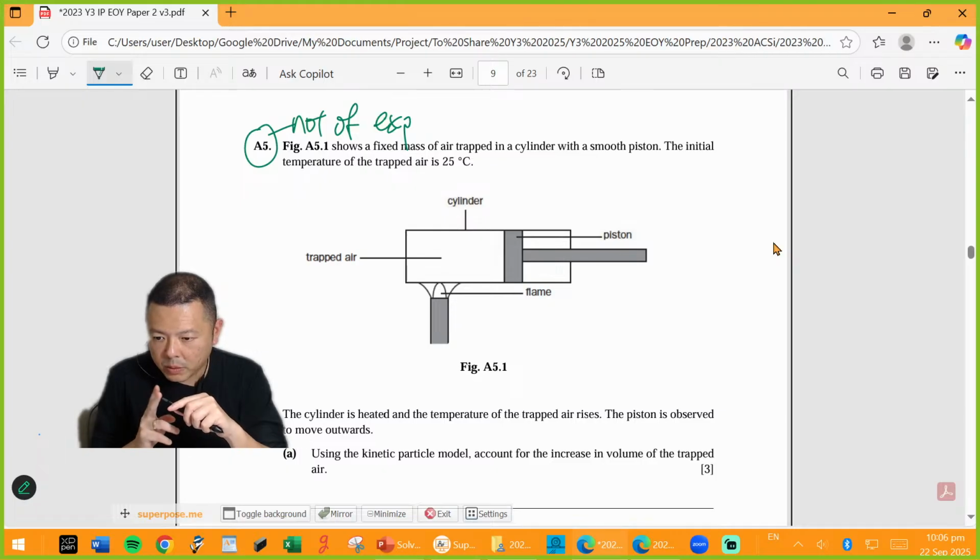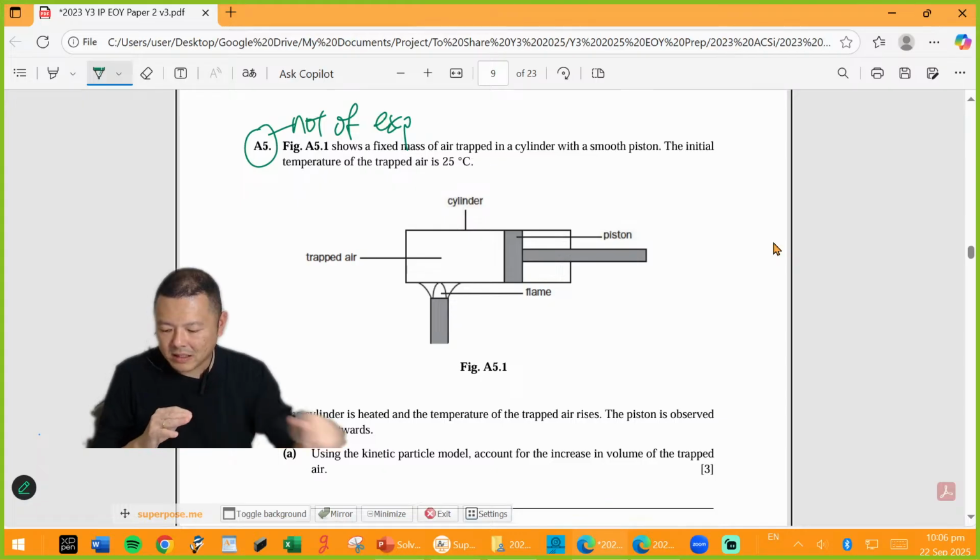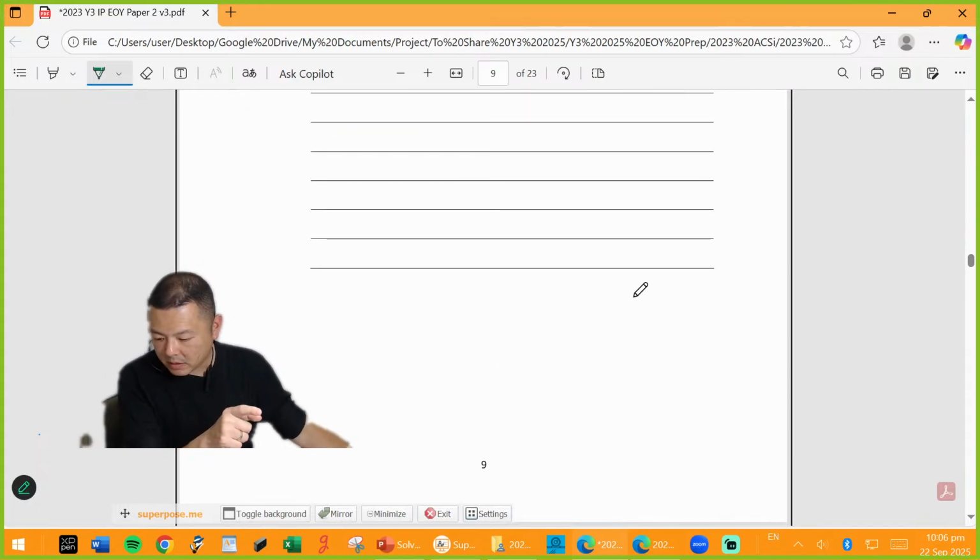I know Kira would need this as well. Zeph will need this as well. I think Amber might need this. I'm not sure. I think kinetic particle theory. I think for RGS it is still like that. Yeah. So this has been officially out of syllabus for Express, right? Like this particular question.